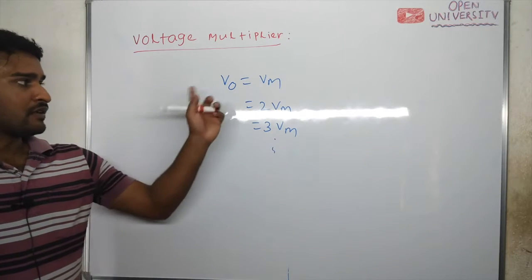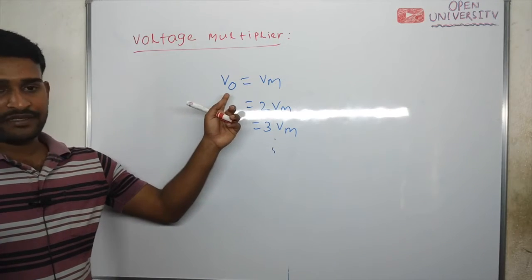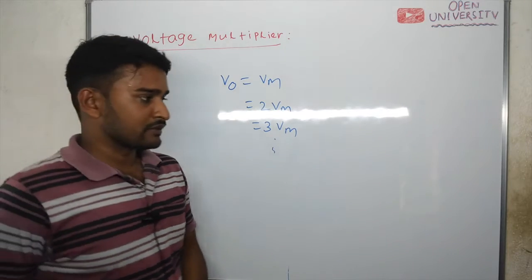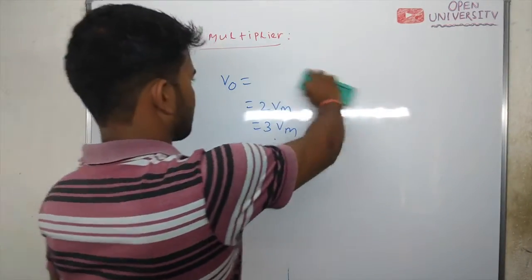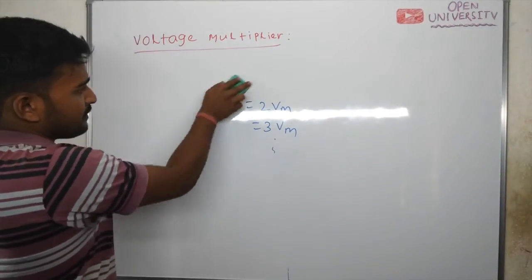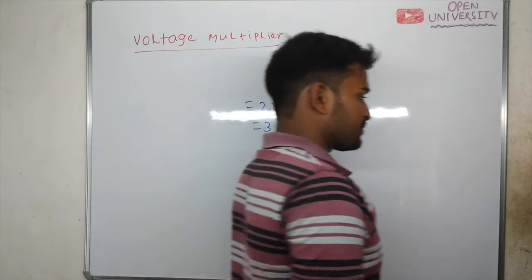Write down like this. Now Vm output can be 2 Vm, 3 Vm, 4 Vm, so on.